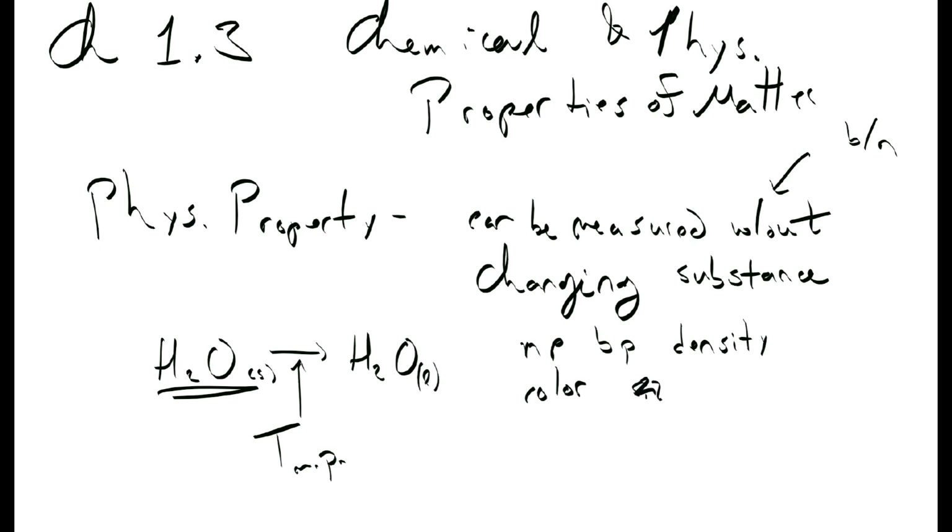Just size, or I should say volume and mass would both be physical properties. Let's see, vapor pressure. If you have a liquid, it will exert some pressure. That's why liquids evaporate. So vapor pressure is a physical property. As is the temperature of the substance. So there are lots and lots of physical properties, is what I'm trying to get at here.